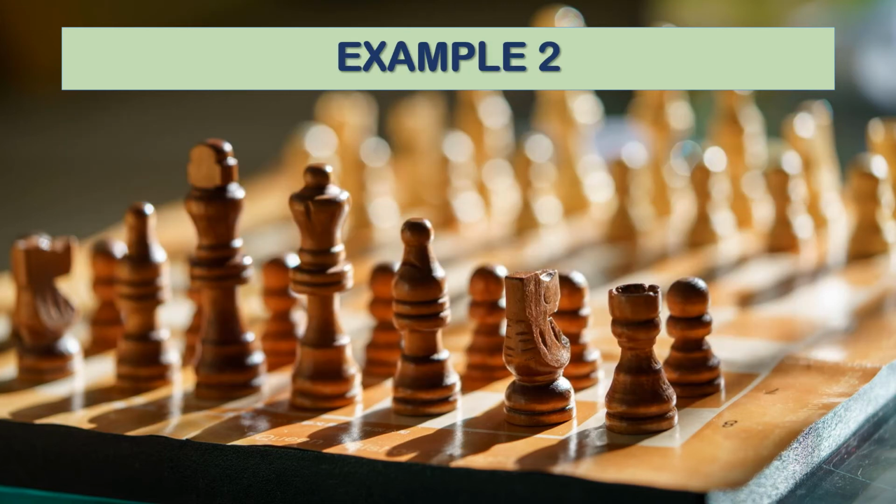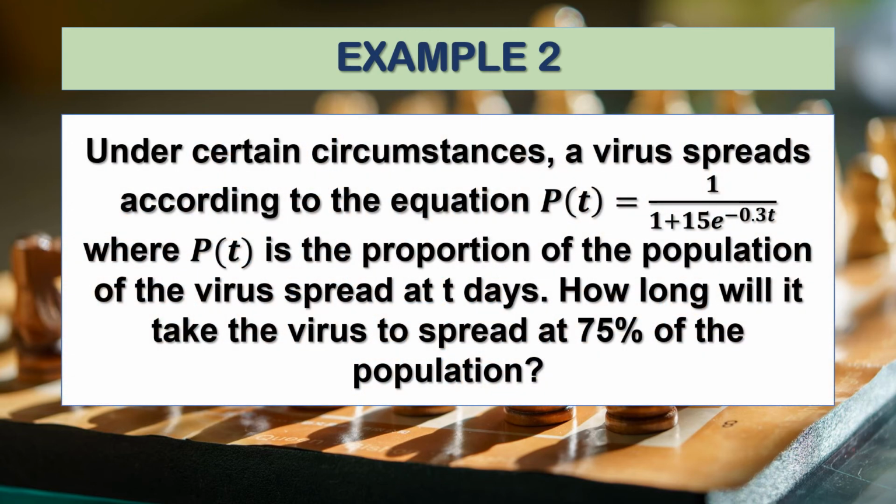Let's have another example. Example 2. Under certain circumstances, a virus spreads according to the equation P of t is equal to 1 over 1 plus 15 e raised to negative 0.3t, where P of t is the proportion of the population the virus has spread to at t days.